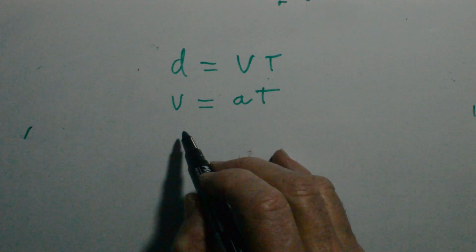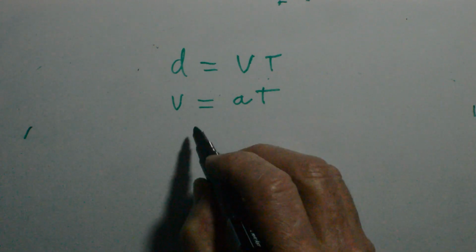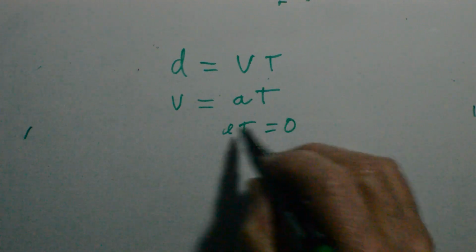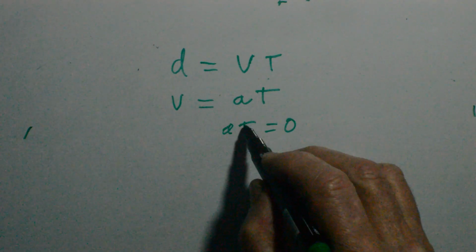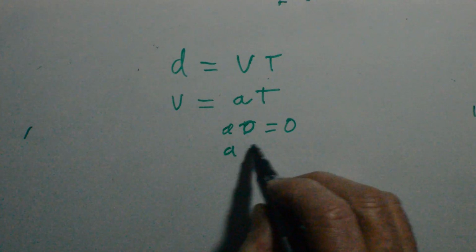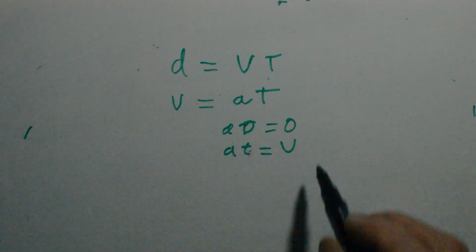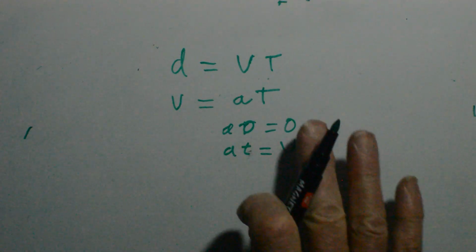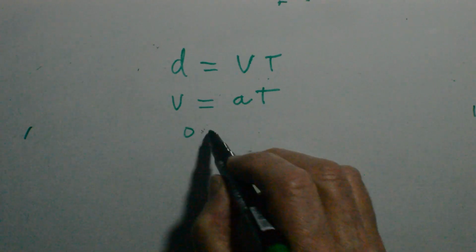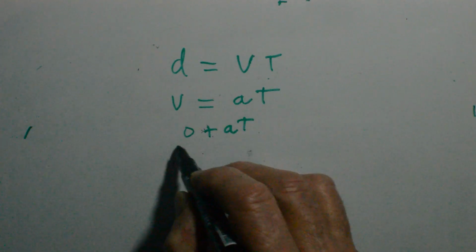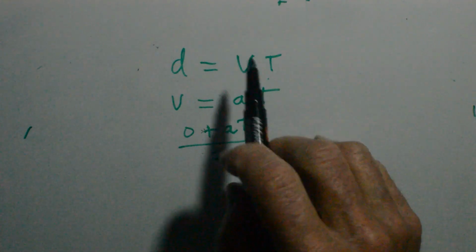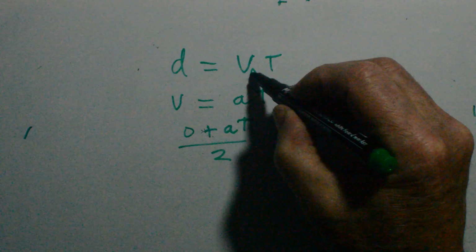And that would be at the time t equals 0, at equals 0, or a times 0 equals 0, and a times t equals v. So the average would be 0 plus at over 2.